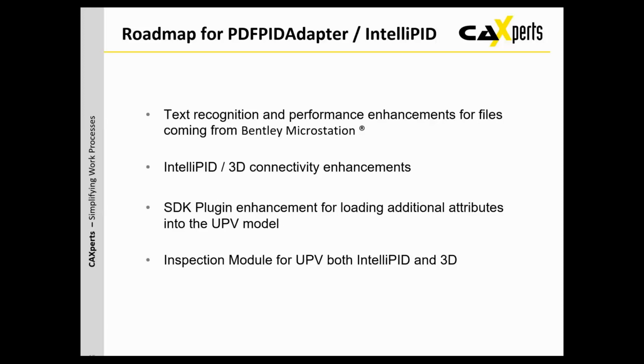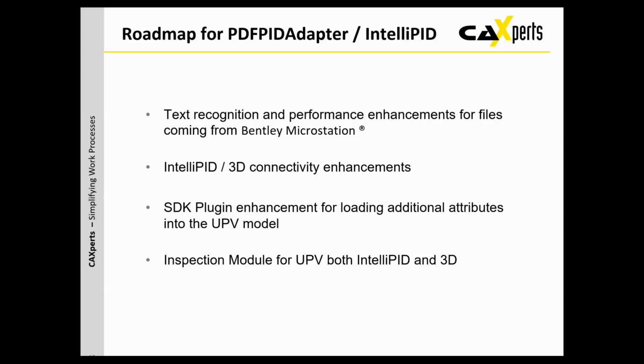We also want to enhance the SDK plugin so that you can load additional attributes from your external sources. This is especially important for users who are working with PDF PIDs within UPV.